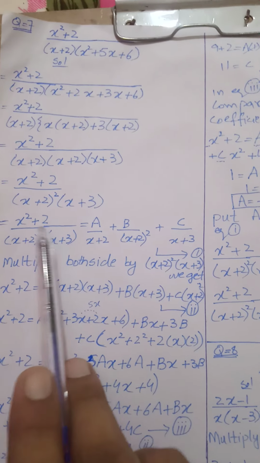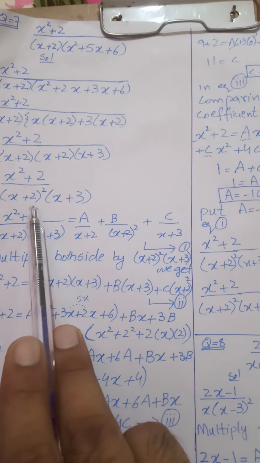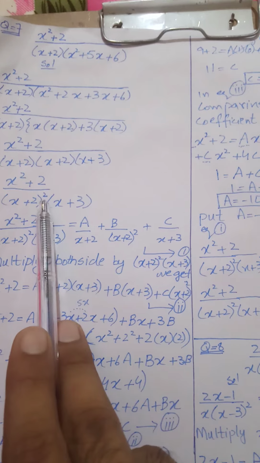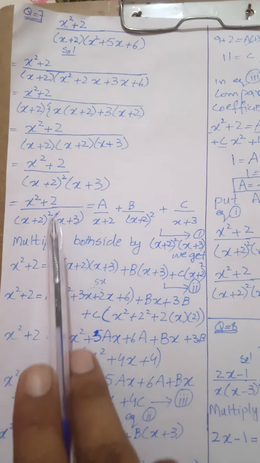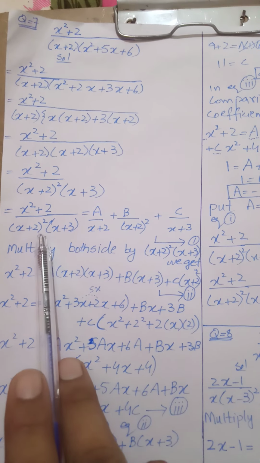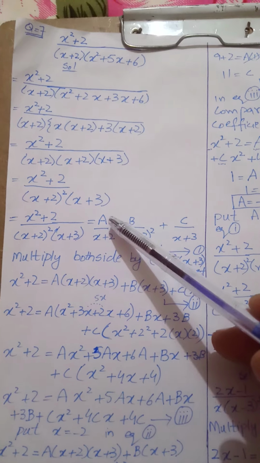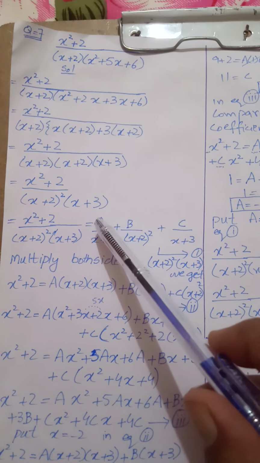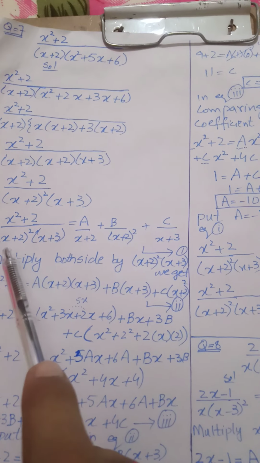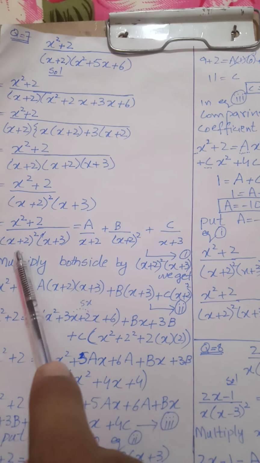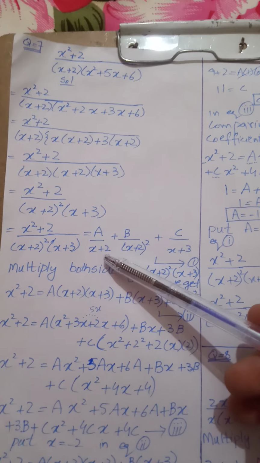This is x square plus 2. Now this is a linear equation, but there is a power of 2. We discussed the cases in our previous lecture: if this is x plus 2 square, we can find these constants a, b, c, but for simplification, x plus 2 with power 1 gives us only one constant, so this will be a.